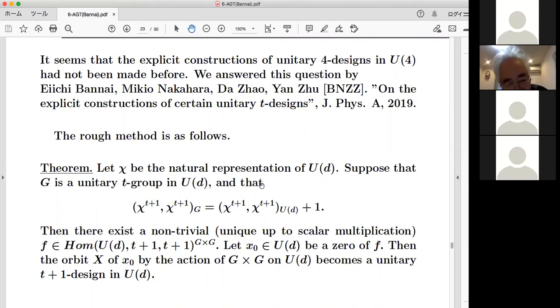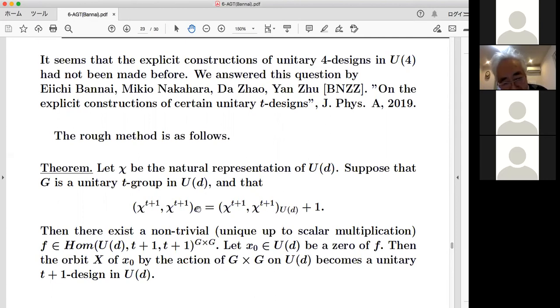And in addition, that the following condition about the value of the inner product is satisfied. We take chi up over T plus 1. We take this representation, take inner product on G. And we take inner product on UD.